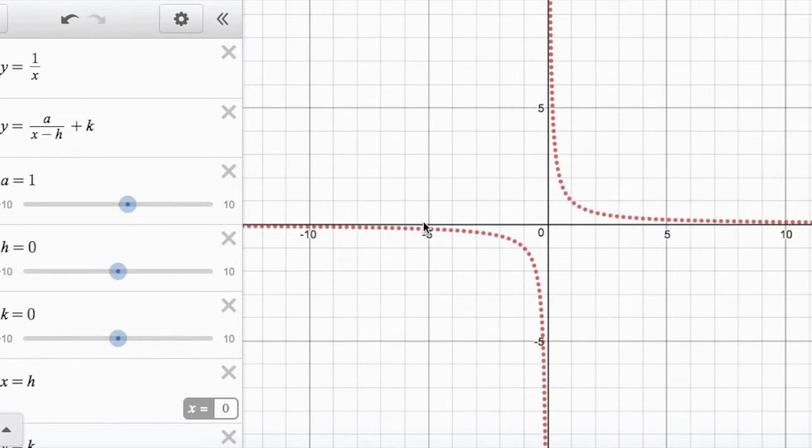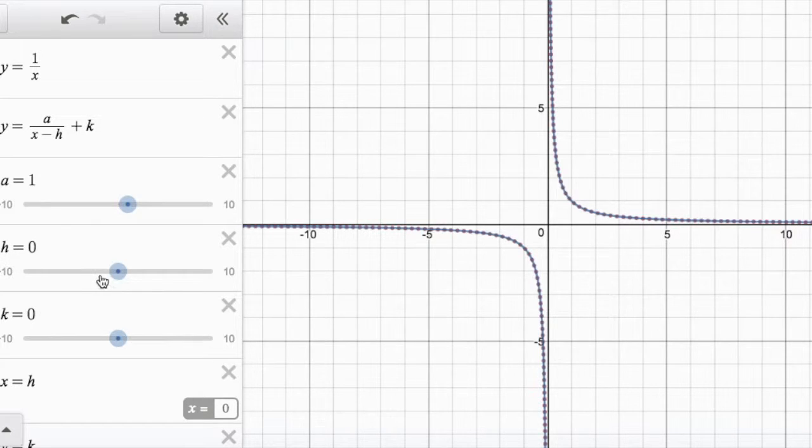Now I'm using the graphing program Desmos to illustrate what happens with reciprocal functions. We're going to start with our parent function, y equals 1 on x, and see what happens when we change it to y equals a over x minus h, plus k. What do each of these values do to our function? Right now I've got a equals 1 and h and k equal 0.